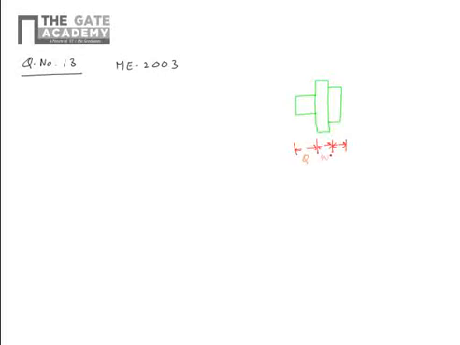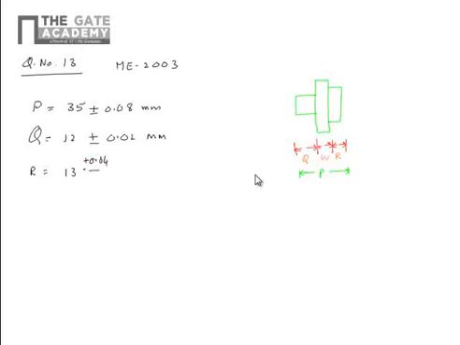Q, W, R. This is P. So he has given P equal to 35 plus or minus 0.08 mm, Q equal to 12 plus or minus 0.02 mm, R equal to 13 plus 0.04 minus 0.02.